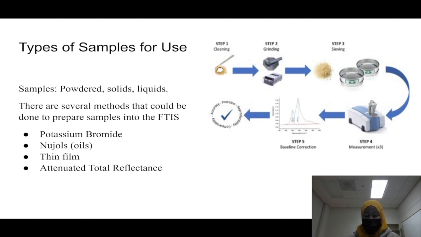If the samples are already thin or can be pressed into thin film, it is then placed into cassettes to be placed into the light path to be analyzed. Attenuated total reflectance. These samples are placed onto a crystal, then is placed into FTIR and tightened down to be analyzed.